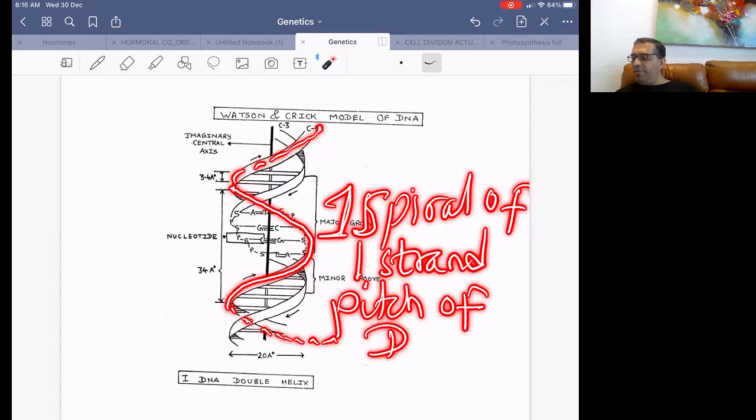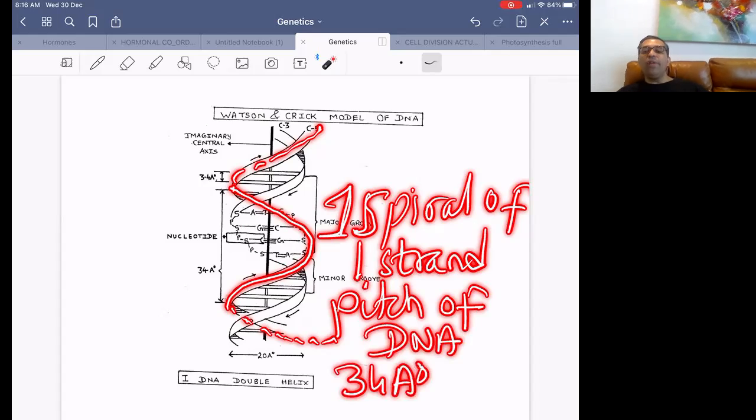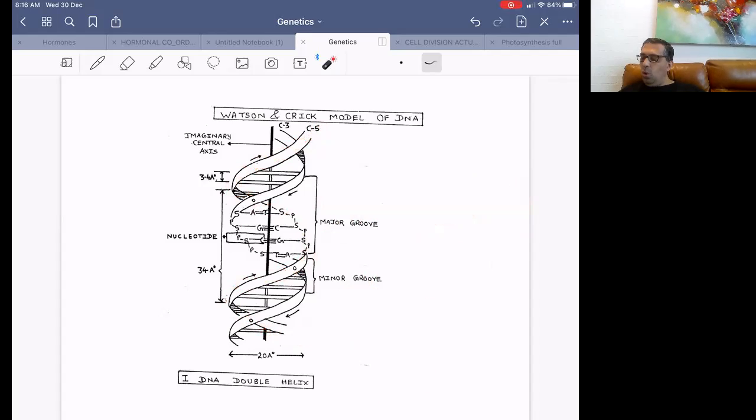And the pitch of the DNA is minor groove plus major groove, 34 angstrom units.